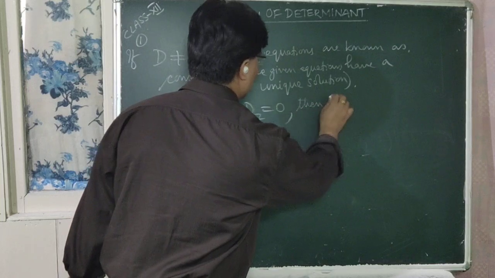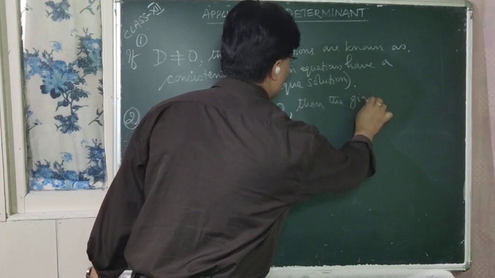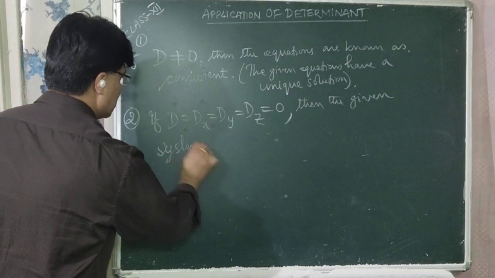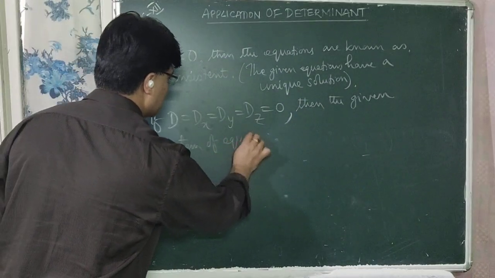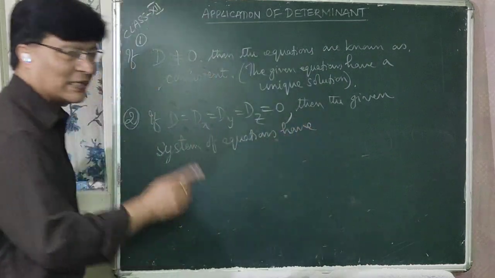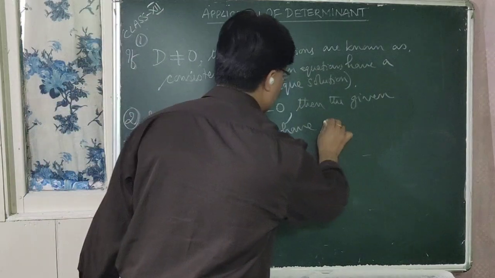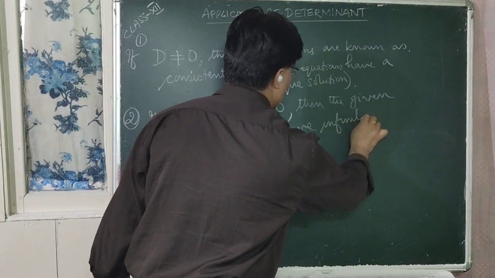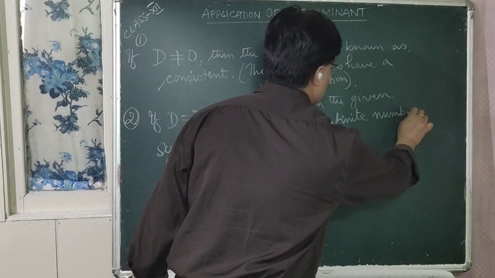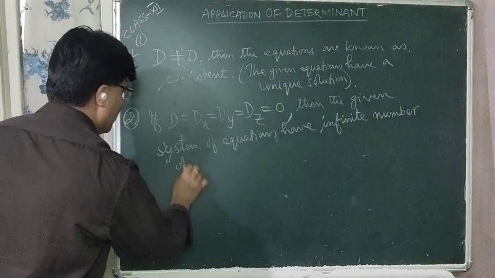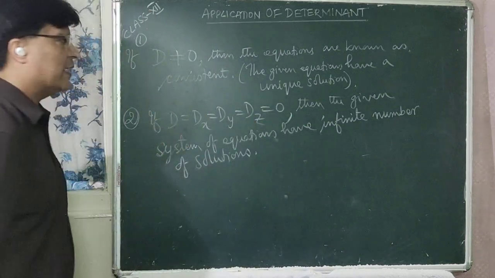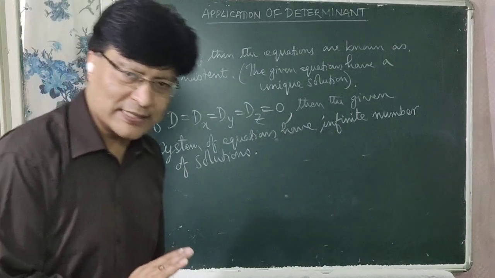Then the given system of equations have what? Infinite number of solutions. Is that clear now?